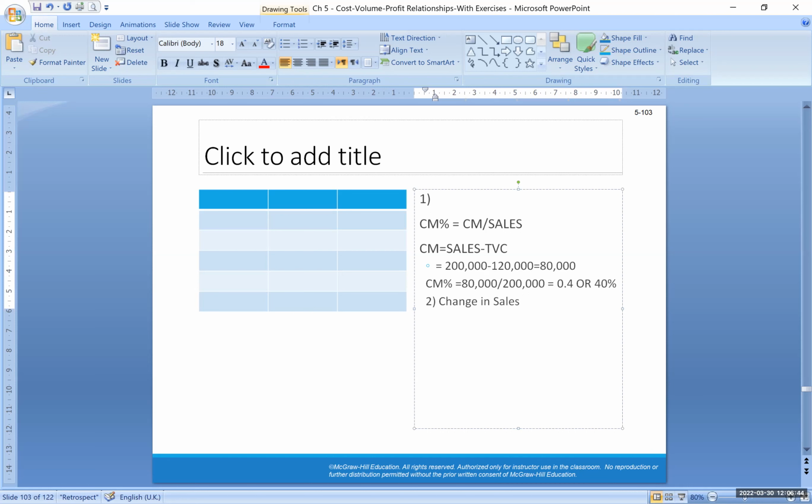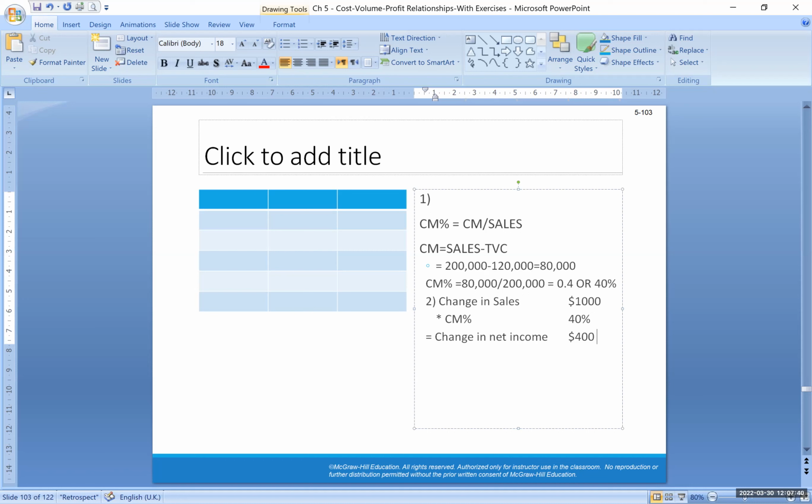This will give you the change in the net operating income, which is simply $400. If we have a change in the sales, multiply by the contribution margin ratio, this will give me the change that happens with the net operating income.